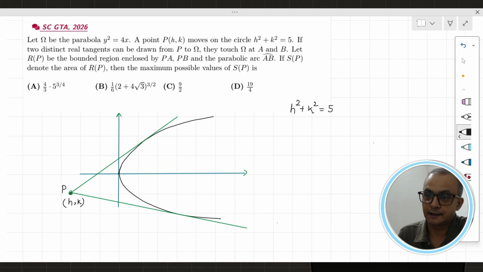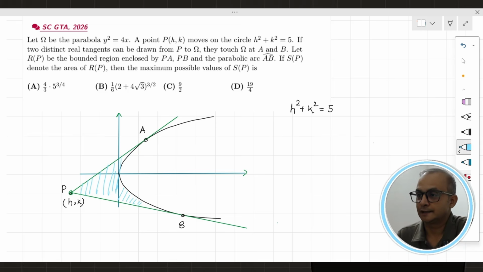After that, they're saying that PA is a tangent, meaning A is the point of tangency, and B is also another point of tangency. And we need to find the area of this region. Reread the question and you will come to know that this is the area they're asking for, this entire area from here to here.